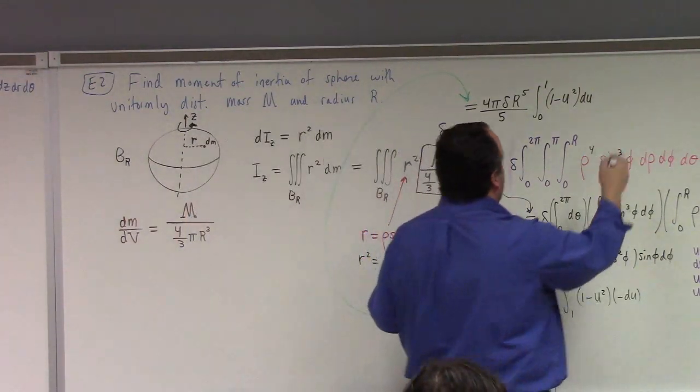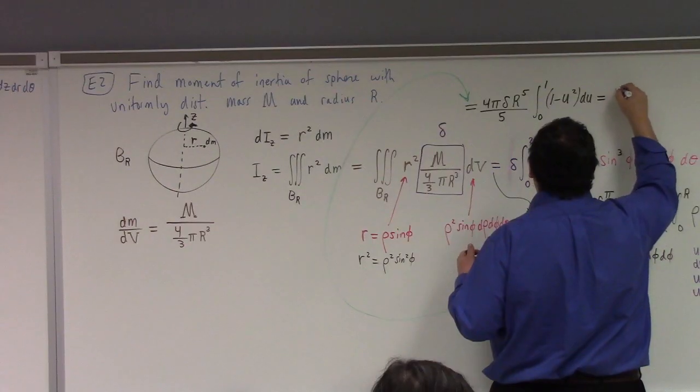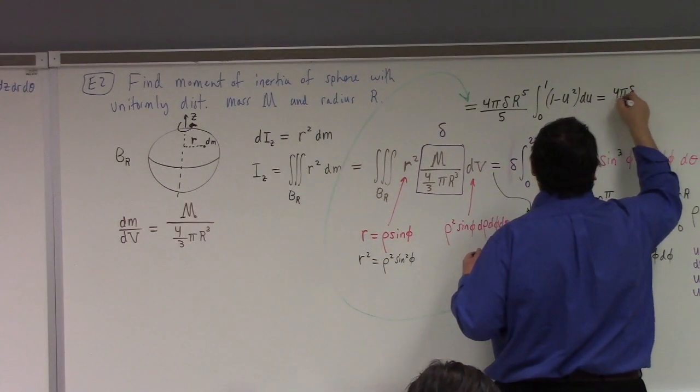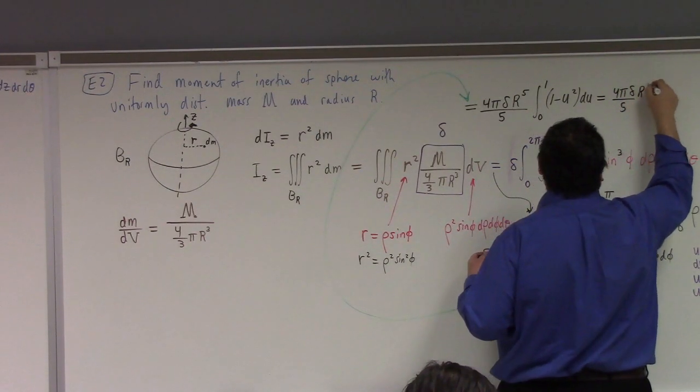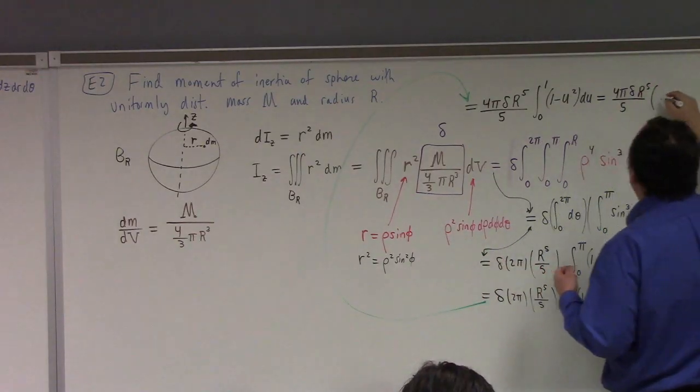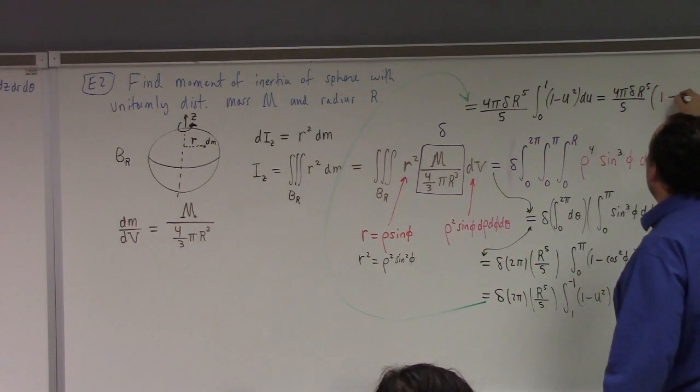Now you can just do the integral. What we got then is a 4 pi delta over 5 times r to the power 5, right? Times, let's see here, 1 minus 1/3, I believe.